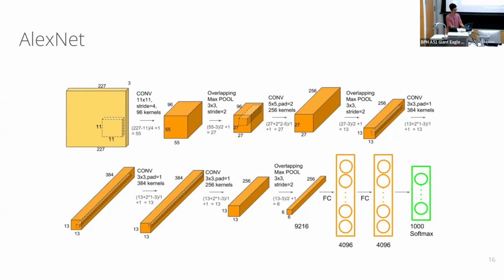So starting from AlexNet, AlexNet was one of the first networks that used CNN, that used convolutional layers, and it made a breakthrough in the classification task, especially in the, at that time, ImageNet classification task, and so it has surpassed the networks at that time by a large margin.